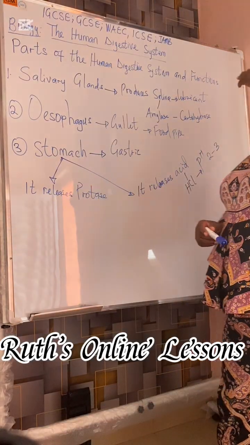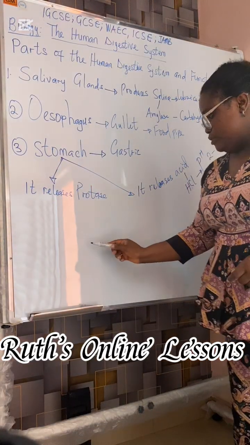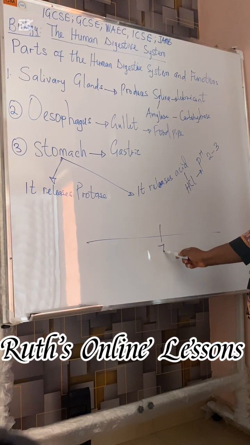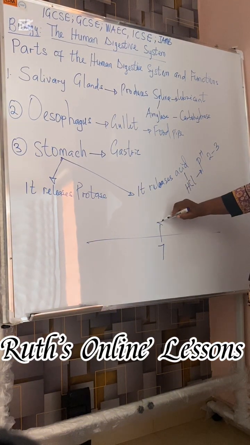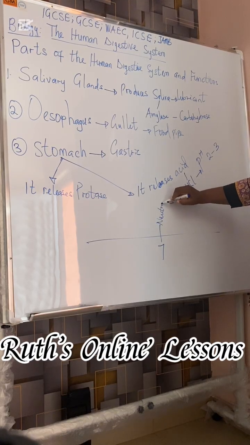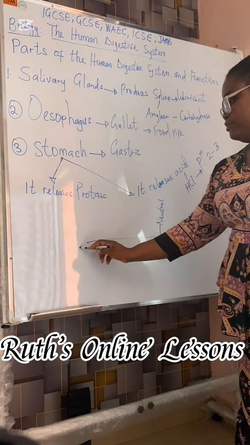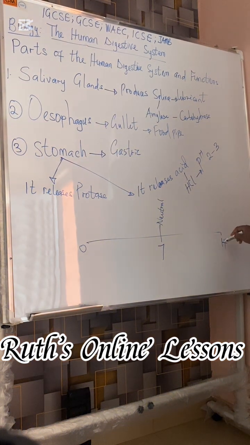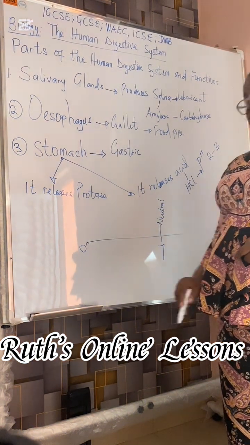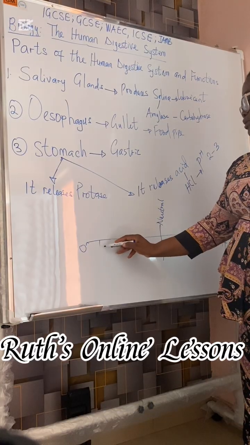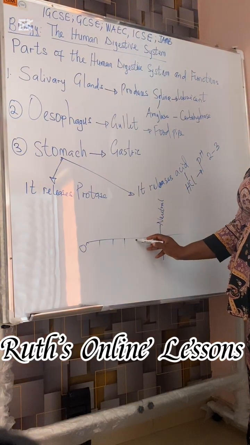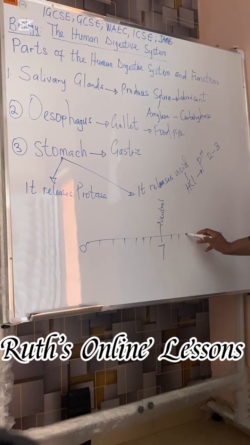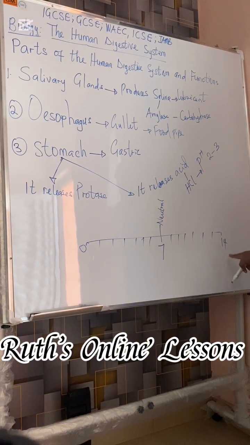The pH scale runs from, okay, let me just show us quickly because a lot of us might not know. This point is 7. This 7 is neutral. And we have 0 here, and we have 14 here. We have 1, 2, 3, 4, 5, 6, 7, 8, 9, 10, 11, 12, 13, 14.